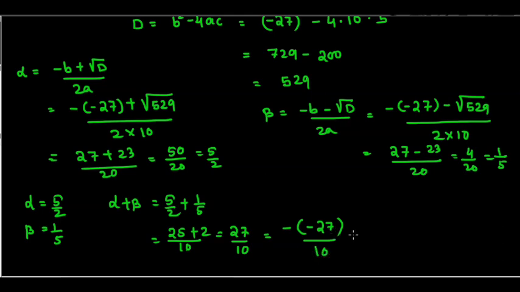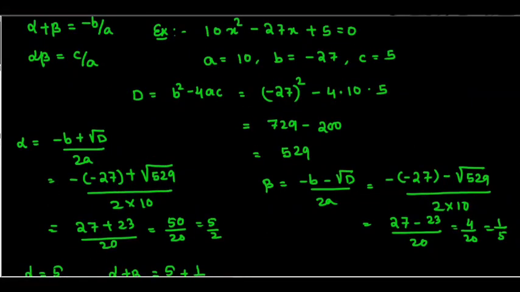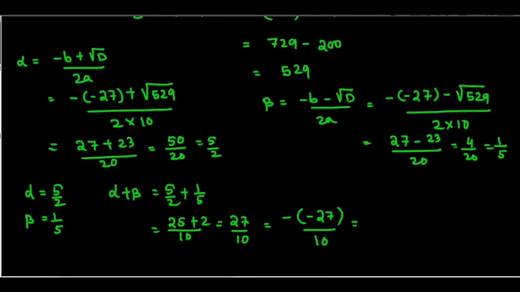So what is minus 27? Just look at the equation here. Minus 27 is b and 10 is a. So this minus 27 is equal to b, and in the denominator we have 10, this is a, so that is equal to minus of b by a. Is that clear? So we got that alpha plus beta is equal to minus b by a.